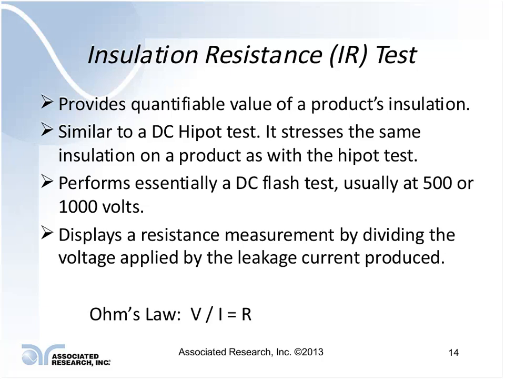So you're displaying a resistance measurement by dividing the voltage applied over the leakage current produced, and you're getting an actual value in megaohms or sometimes even gigaohms, or some IR or Megger testers go up even higher than gigaohms. But that's not really necessary for the solar panel standard, as we'll get into. The range is in the megaohms. If you get into the hundreds of megaohms range, it's usually sufficient. So if you have an IR tester that goes into the hundreds of megaohms or gigaohms, that's generally sufficient for an IR test per these standards.